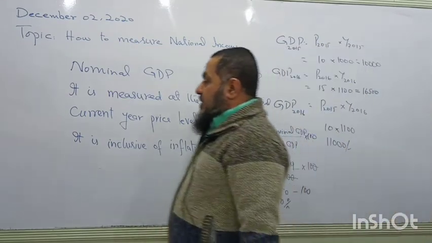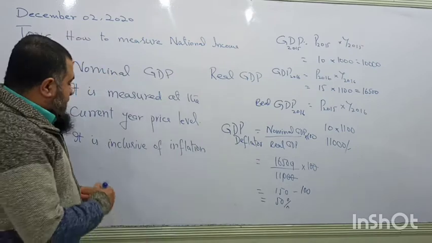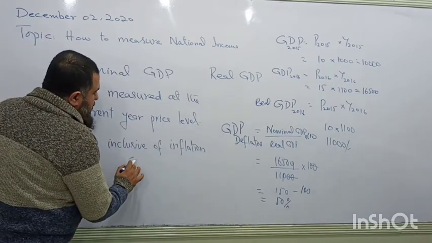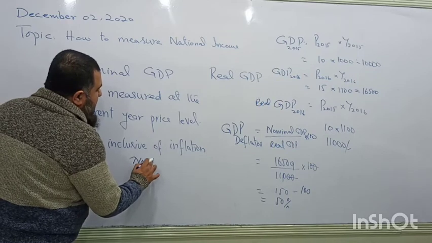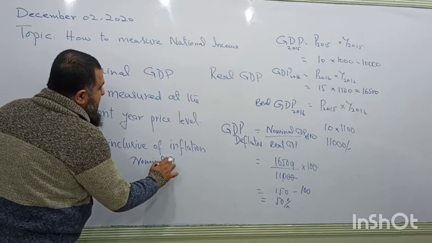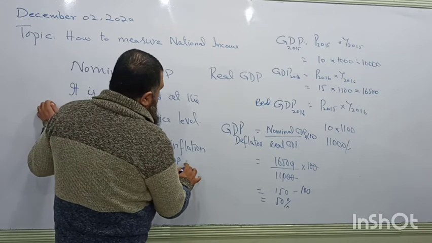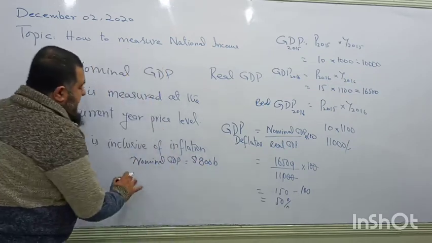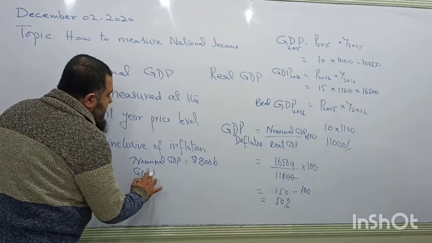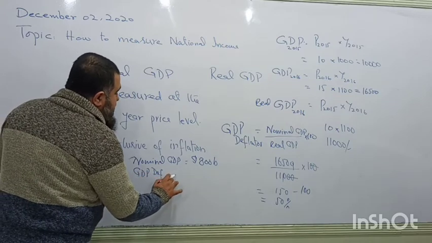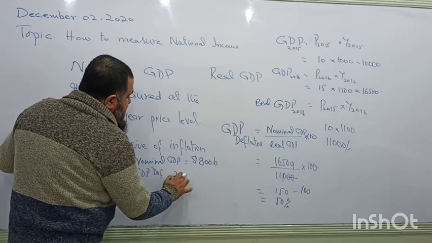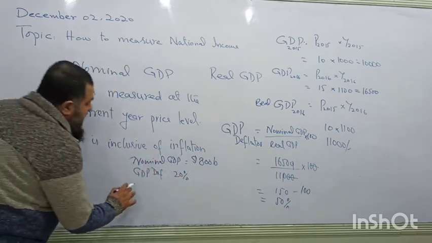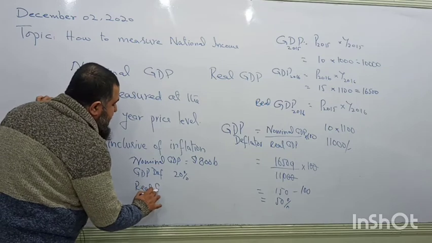So in exam, you will be given the two values. Suppose it is asked to you the nominal GDP value of a country is $800 billion. But GDP deflator shows that prices have increased by 20% in the country. So can you find what is the real GDP of this country?